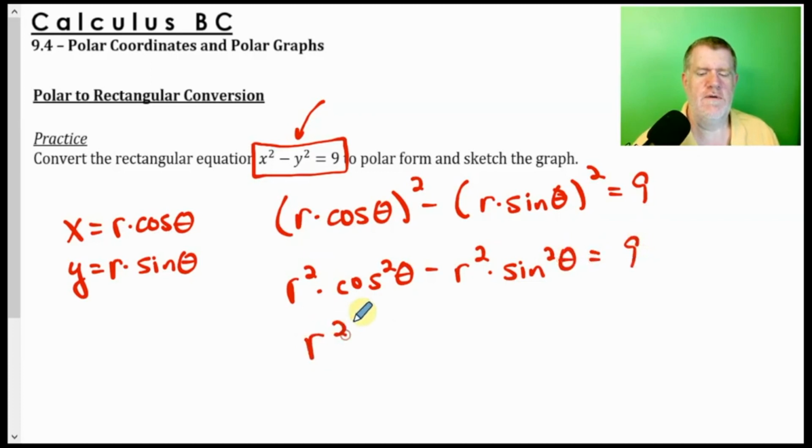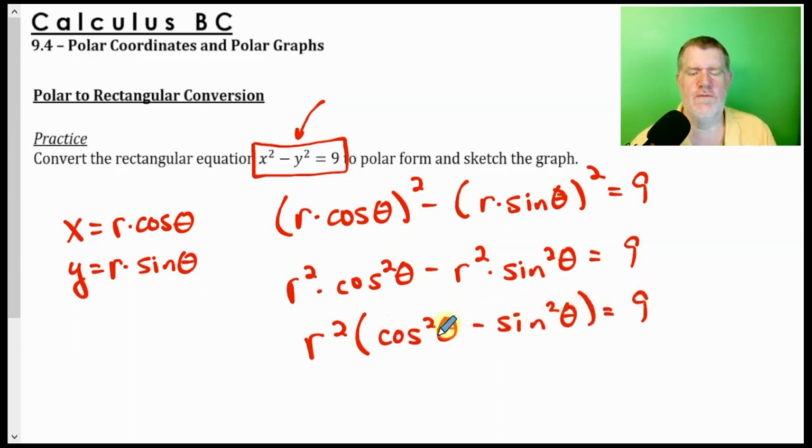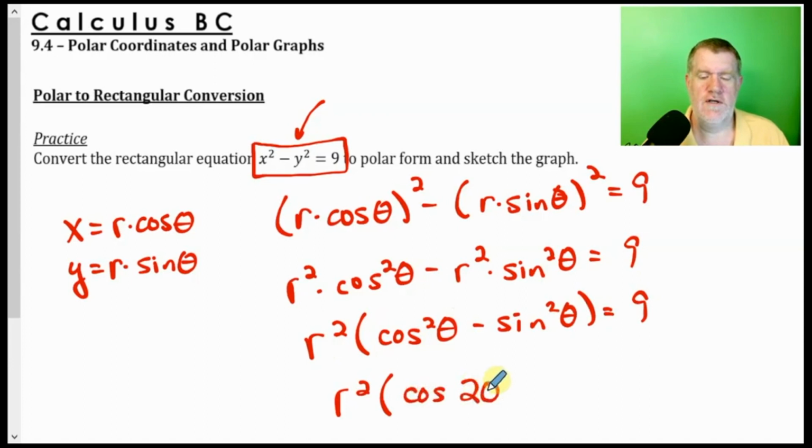Now, I didn't remember this off the top of my head because I don't have all my trig identities memorized, since it's been a while since I've actually done them. But I thought, there's gotta be something for cosine squared minus sine squared. So I looked it up. I took the textbook, went right to the first page. Not even the first page, the first insert. And on the back of the first insert, it reminded me that cosine squared minus sine squared equals cosine of 2 theta.